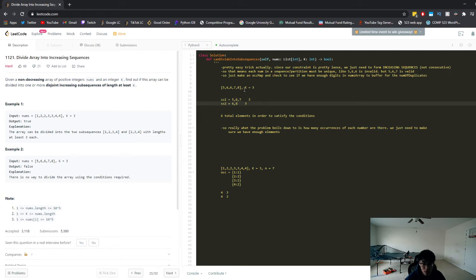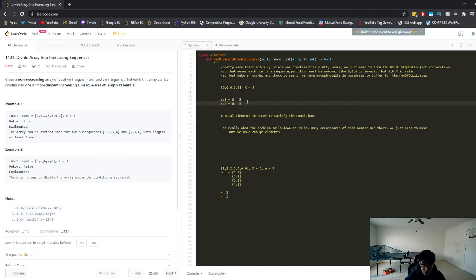And what do we know about the subsequences? Each subsequence has to be at least length 3. So we need at least 2 subsequences, each of length 3.